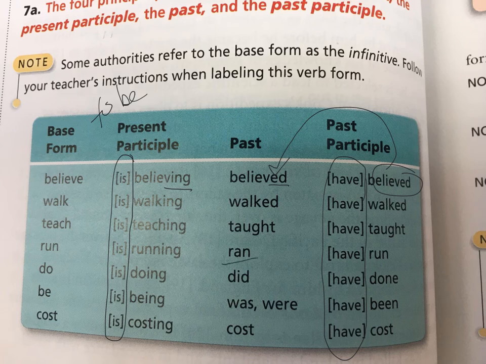So the word ran, run, will not always follow that same pattern. Remember, these are the parts of a verb. Later, we will be using these four parts to make verb tenses.